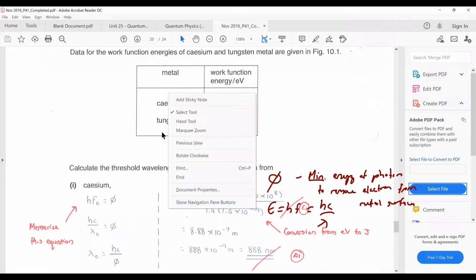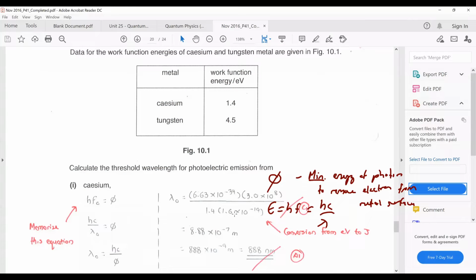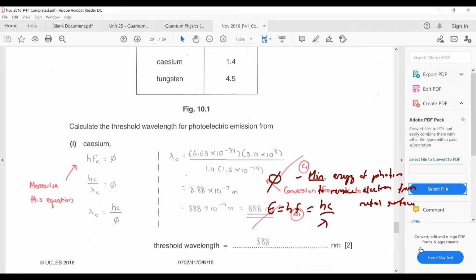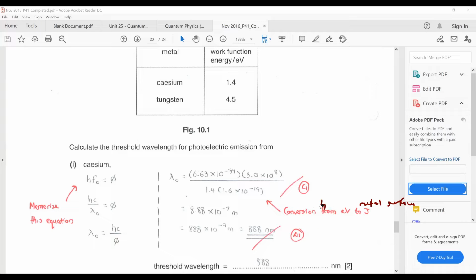Again, just sub in your values, then you get your answer in meter. Then you change to nanometer, because the earlier answer is in nanometer. So that part is fine.